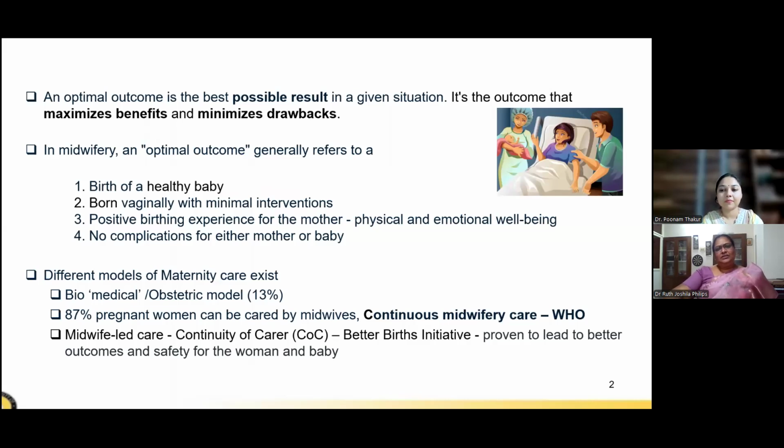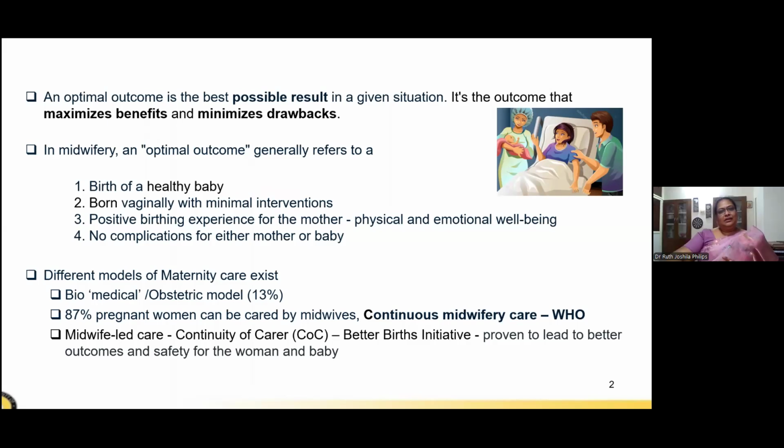In any given situation, an optimal outcome is the best possible result that we can get out of any kind of situation. It means that out of the given situation, we are having maximum number of benefits with minimum number of risks or drawbacks.